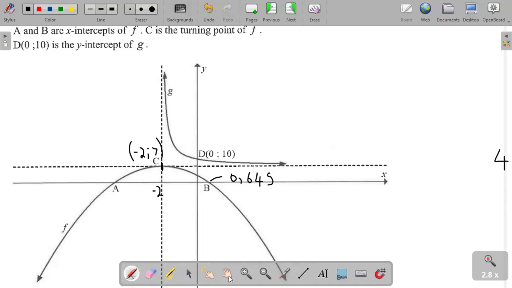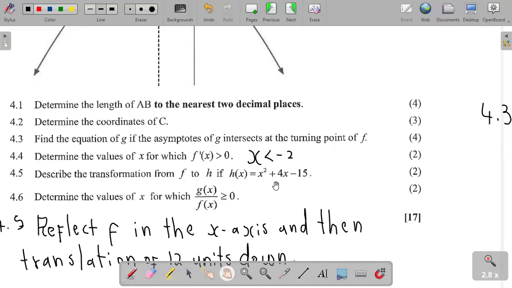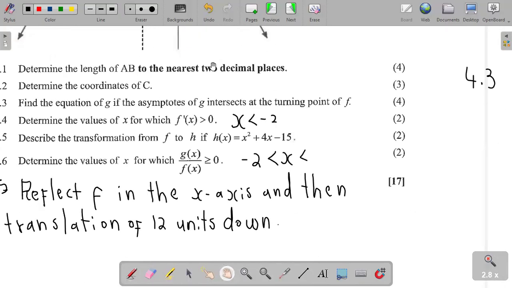Yeah, but then it's f. If it's g over f, then it will not be included. Because at that point f becomes 0, so it's going to be from -2 to 0.645.